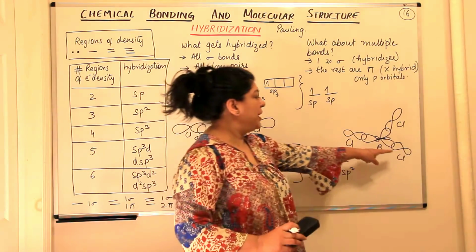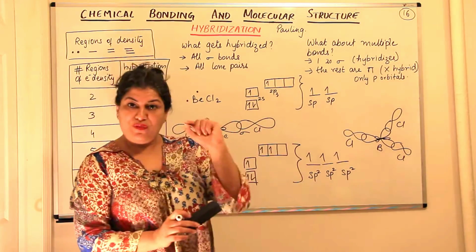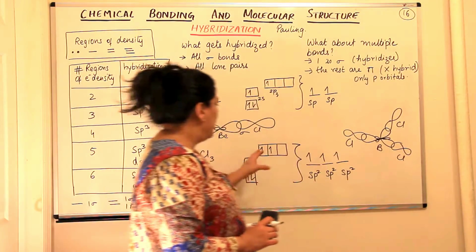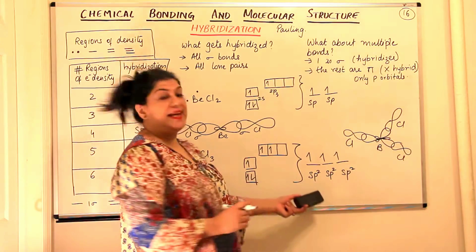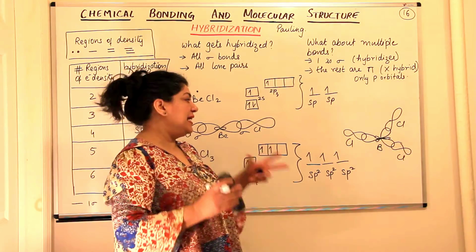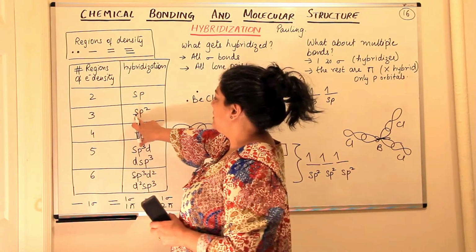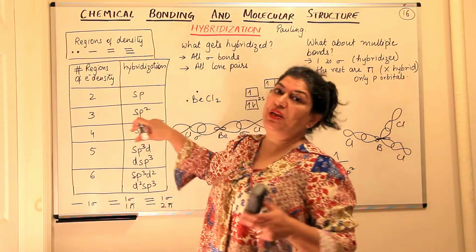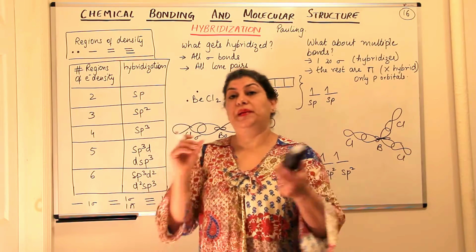I will come to the hybridization of these atoms at the end also, but right now we are focusing on the central atom. So the hybridization of boron here is sp2. We say boron undergoes sp2 hybridization, and any atom which is sp2 hybridized, the shape around it would be triangular planar.